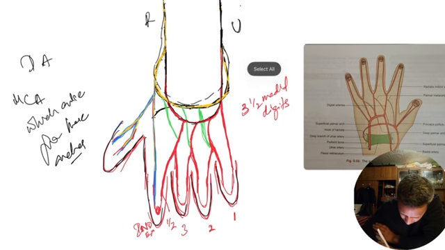Now we've got your blood supply to your digits and your wrist joint.